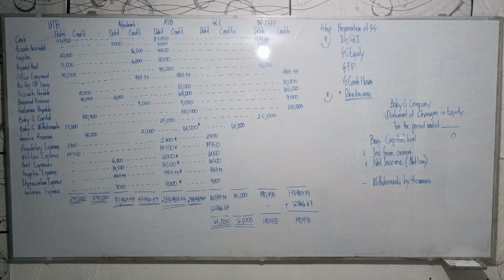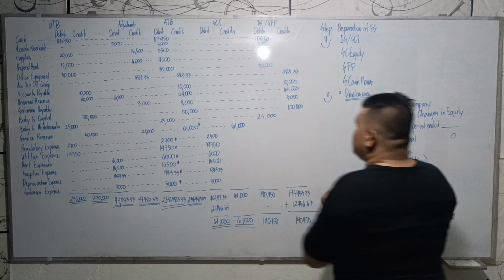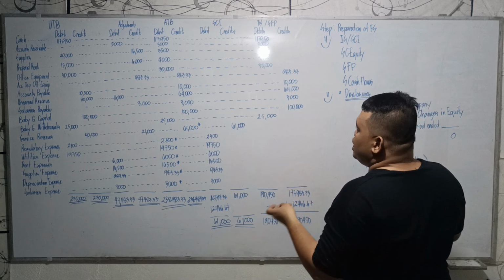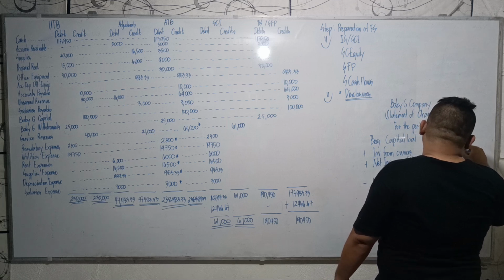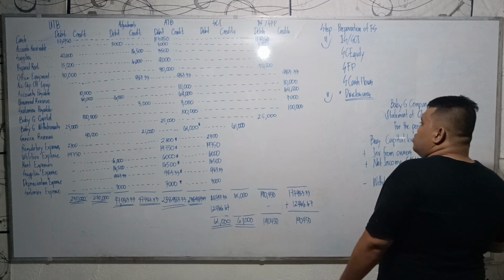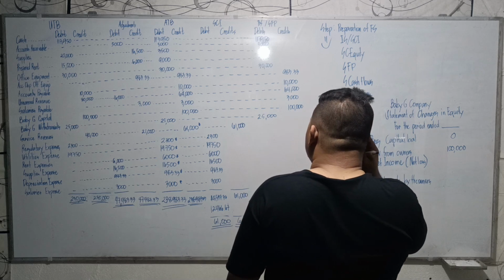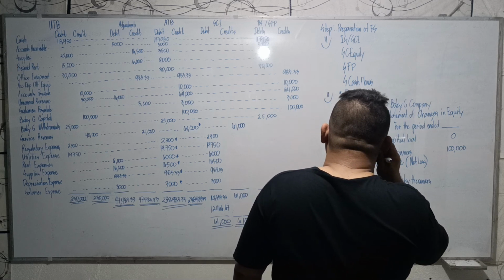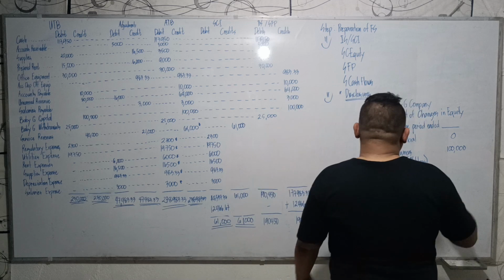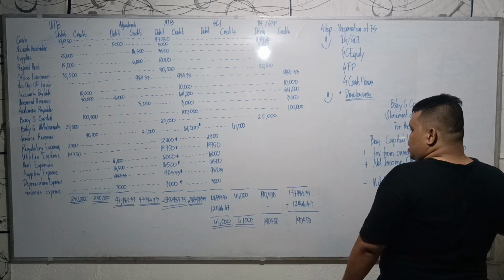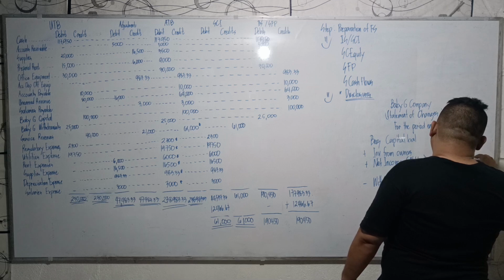Now, let's go to investment from owners. Of course, you have remembered the investment from owners is 100,000. So that's what we're gonna use. Okay? So 100,000. So that's the initial capital investment of the owners. And of course, we resulted to a net income. So this net income is 12,466.67.